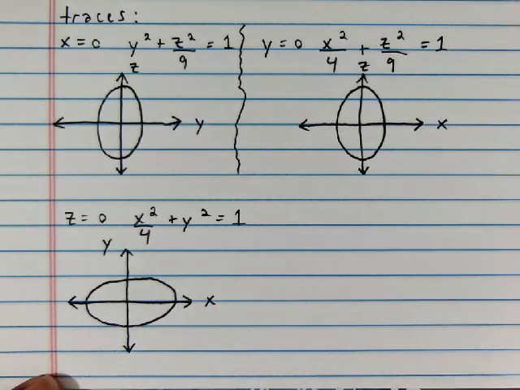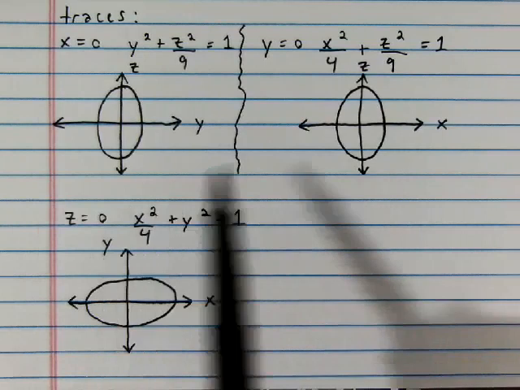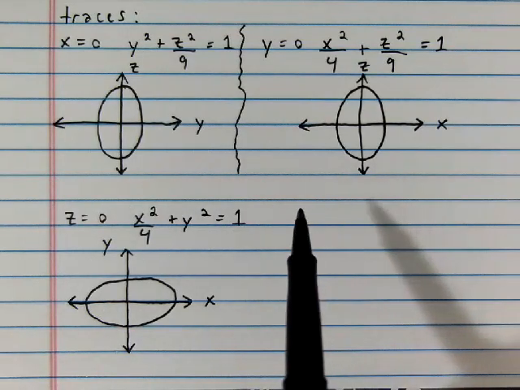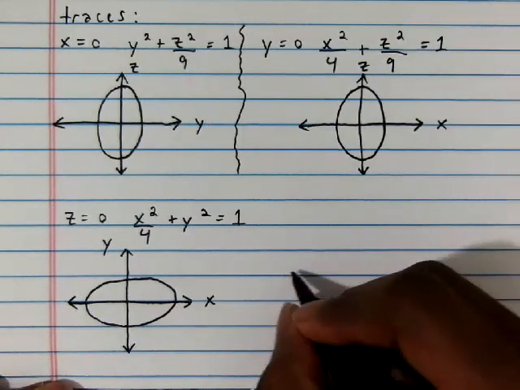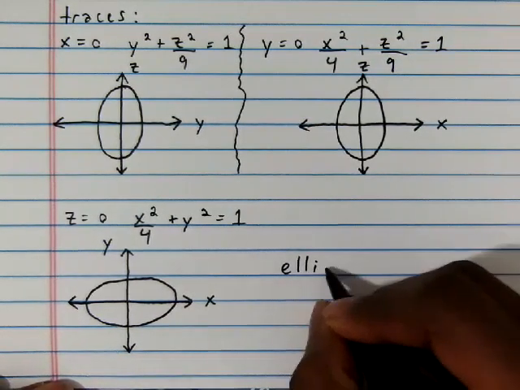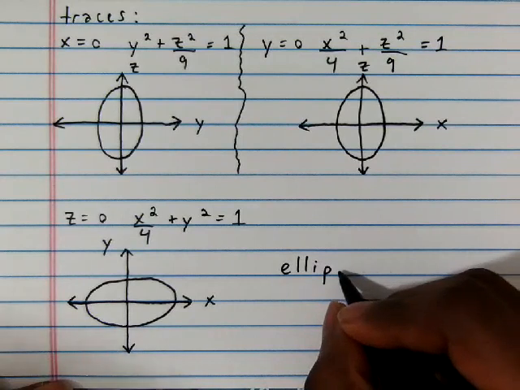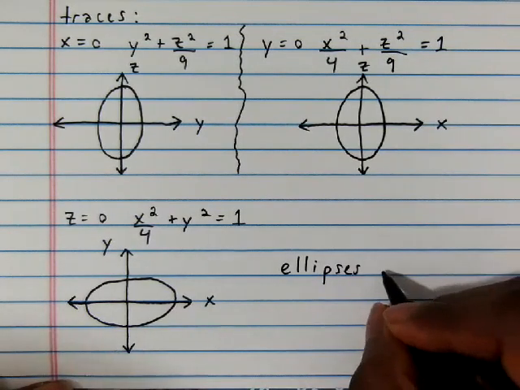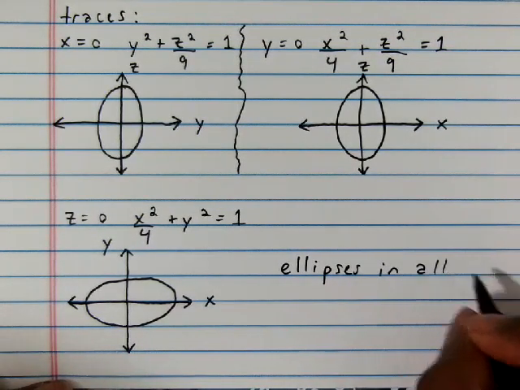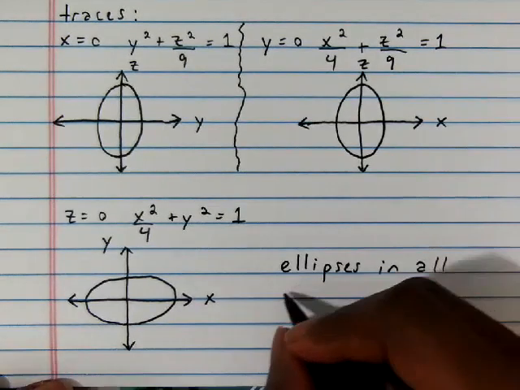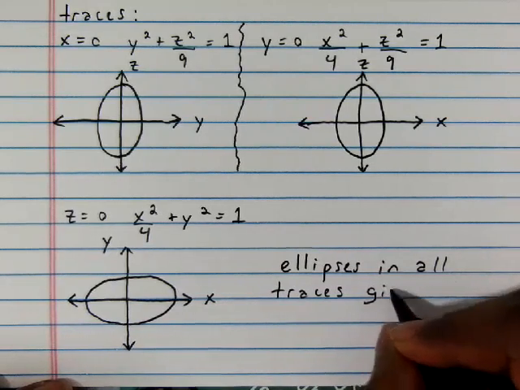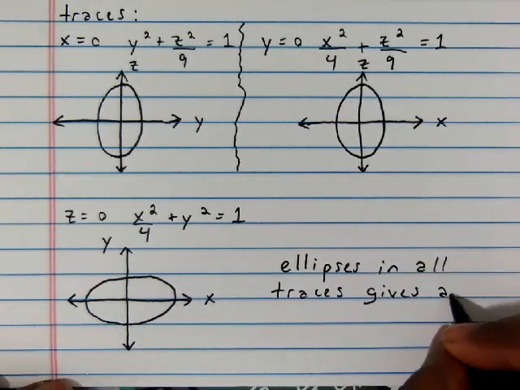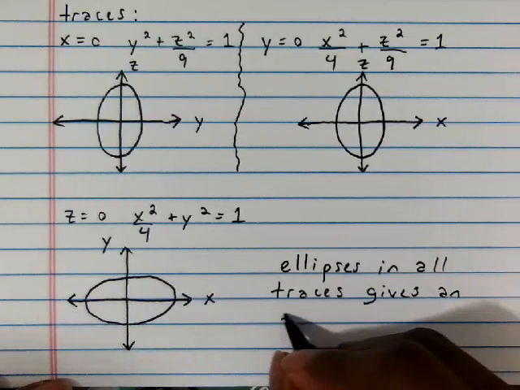All right, so looks like no matter which direction we look at this three-dimensional thing, it's going to look like an ellipse. So when you have ellipses in all traces, that gives an ellipsoid.